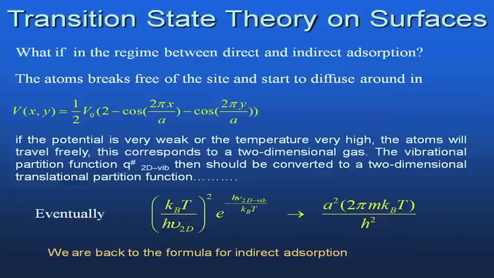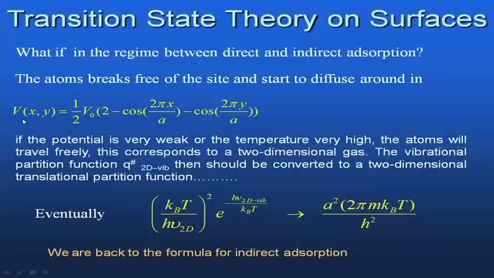Now, if the potential is very weak or the temperature is very high, where potential means the force which binds the atom onto the surface, and this potential V(x,y), since it is in 2 dimensions, has this form of a cosine function plus another cosine function, then atoms will travel freely.